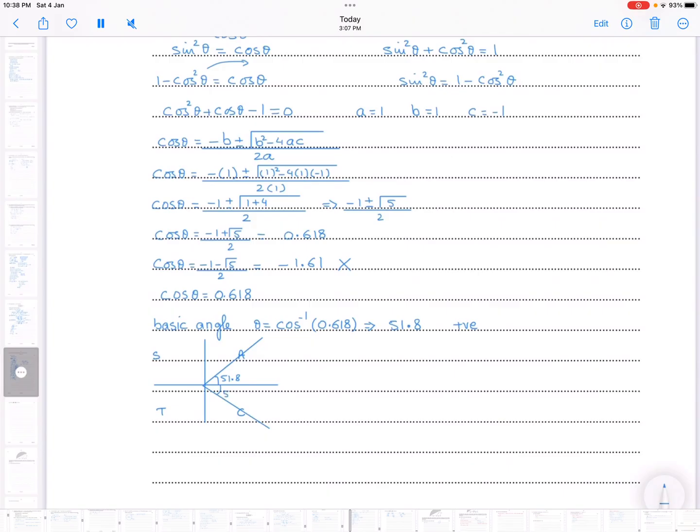So in the first quadrant our basic angle 51.8 is equal to our theta, which is required. And for the second you have to subtract 51.8 from 360, so we get 308.2. So this would be our final answer.